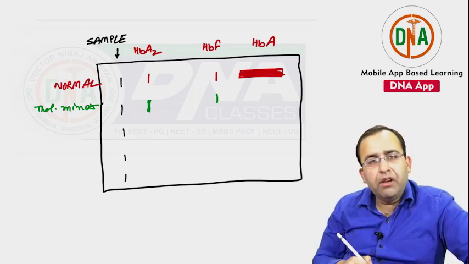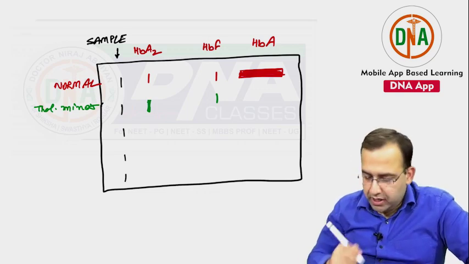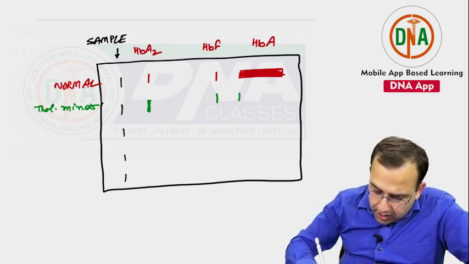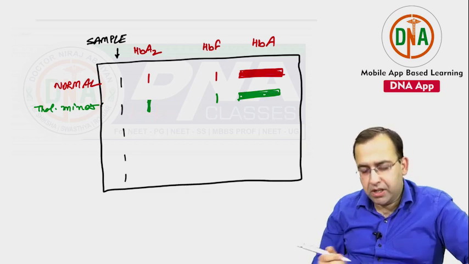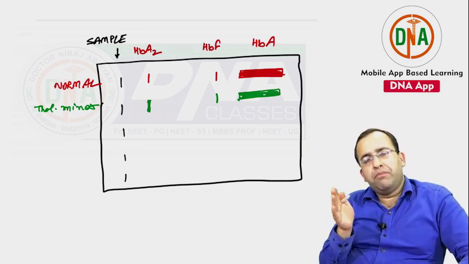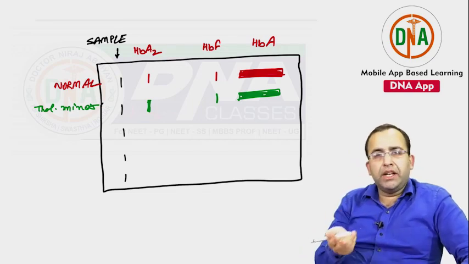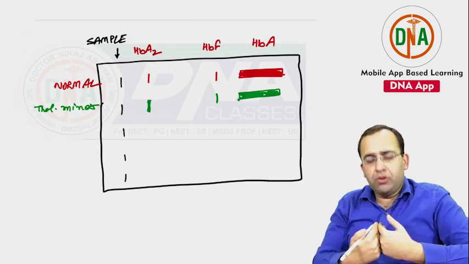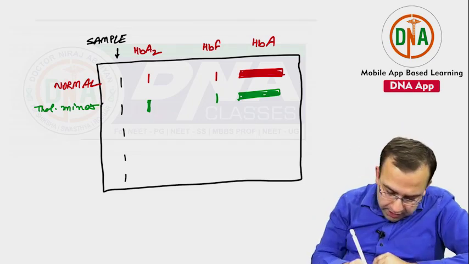HbF, normal. HbA, low, normal, high? Reduced. See, total has to be 100%. So depending upon how much HbA2 increased, HbA will be reduced. But if HbA from 95 becomes 92%, it will not be visible to the naked eye. What we are able to see is slightly elevated HbA2.